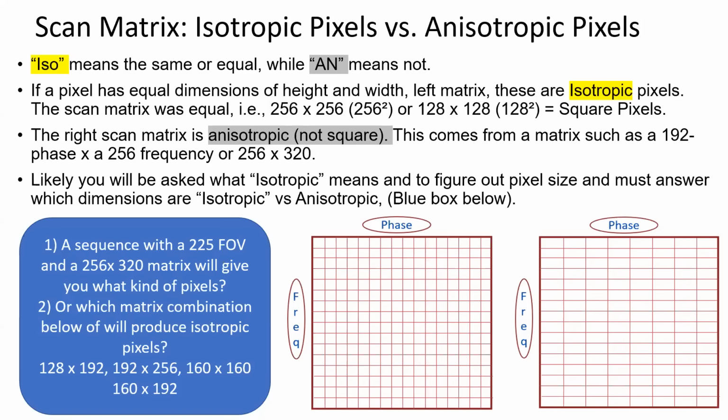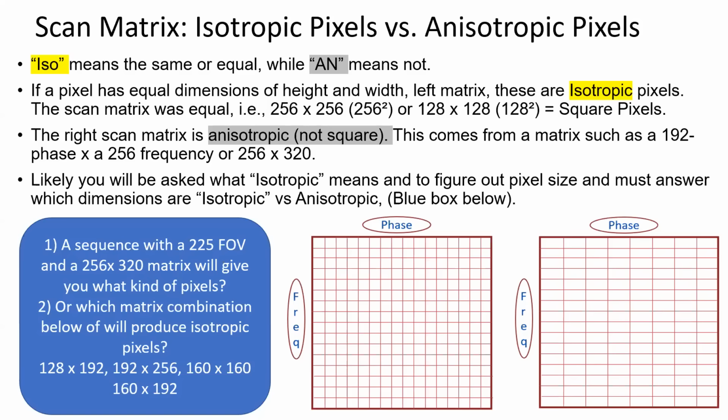And anisotropic means not the same. An means not. So you've got not isotropic, or not square, pixels over on the right-hand side. That would be the example of a scan matrix of 192 by 256, for example, or 256 by 320. Your pixels are not going to be square if you don't divide them up the same number of times.